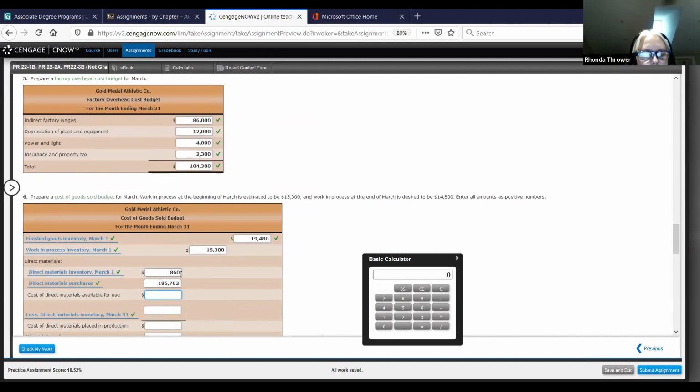We're going to combine our beginning inventory of materials plus what we purchased together, and that will give us what we have used. So our beginning inventory plus what we purchased, 185,792, is going to give us an amount of 186,652.